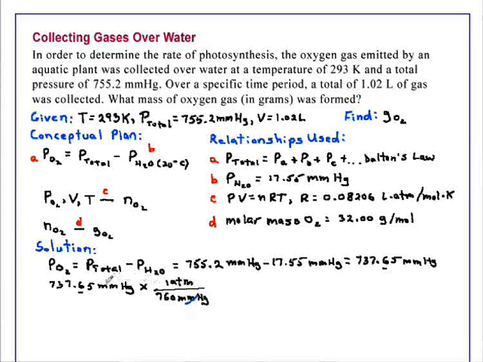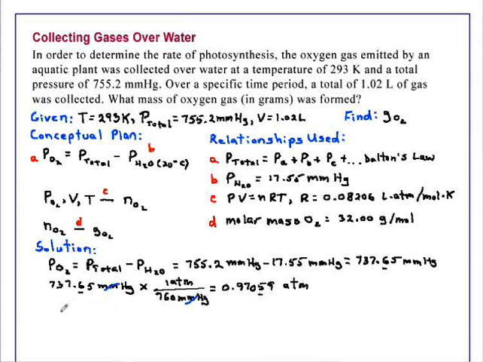So millimeters of mercury cancel, and this gives us our number of atmospheres, which is 0.97059 atmospheres. Again, this is good to the fourth significant digit.